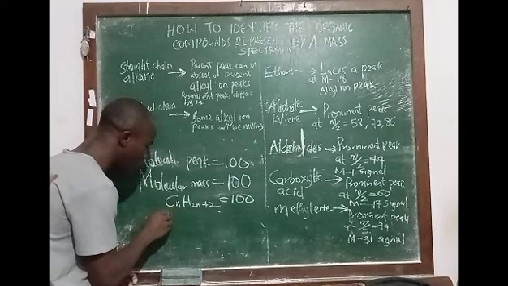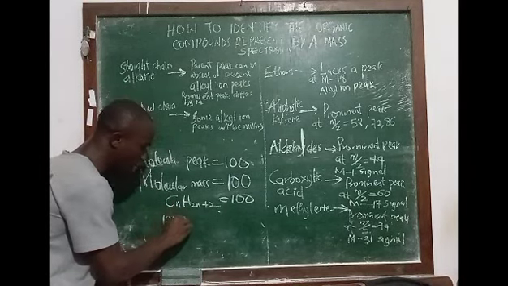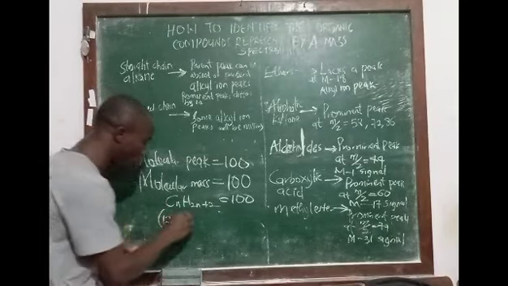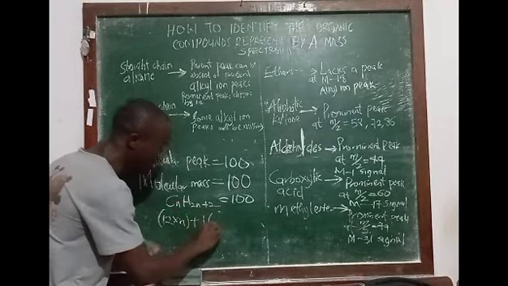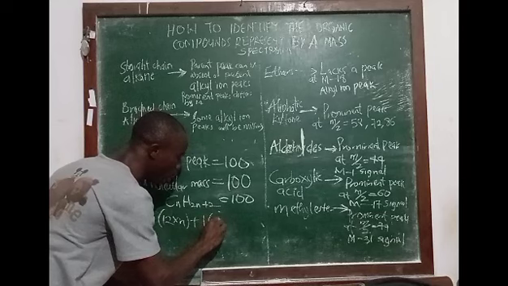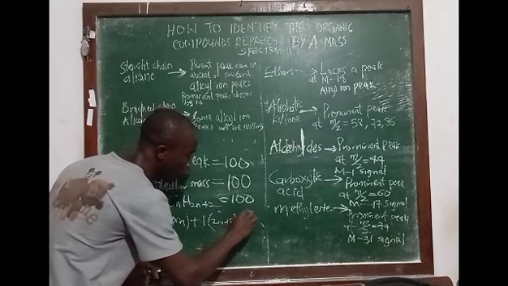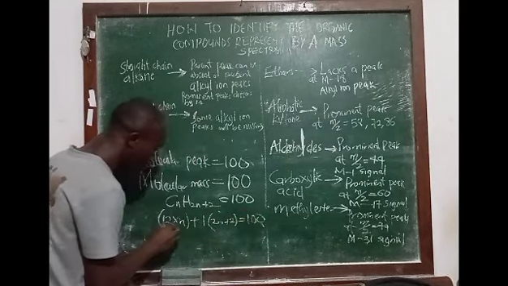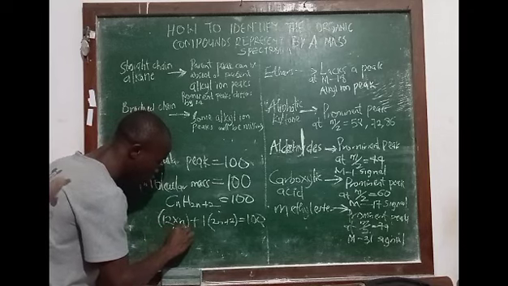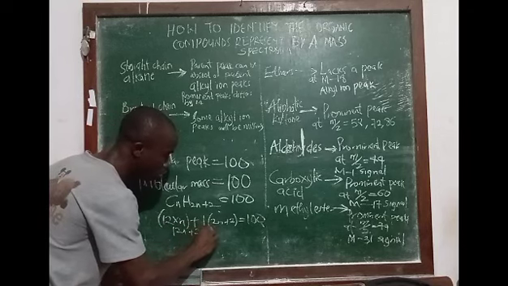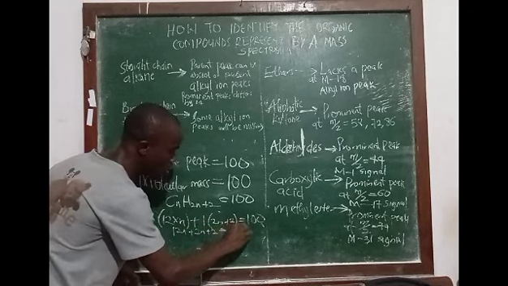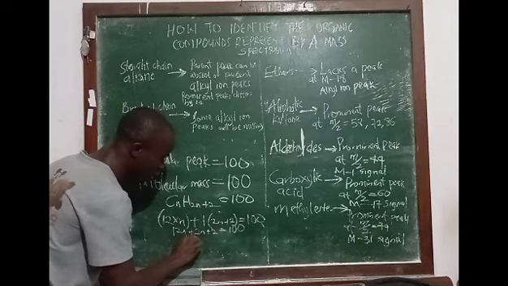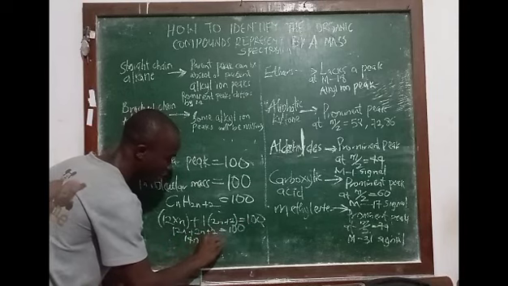So, that's by saying that 12 times n, where 12 is the atomic mass of carbon, plus 1, which is the atomic mass of hydrogen, times 2n plus 2, will be equal to 100. From here, I will have 12n plus 2n plus 2 equals 100, and that means that 14n equals 98.